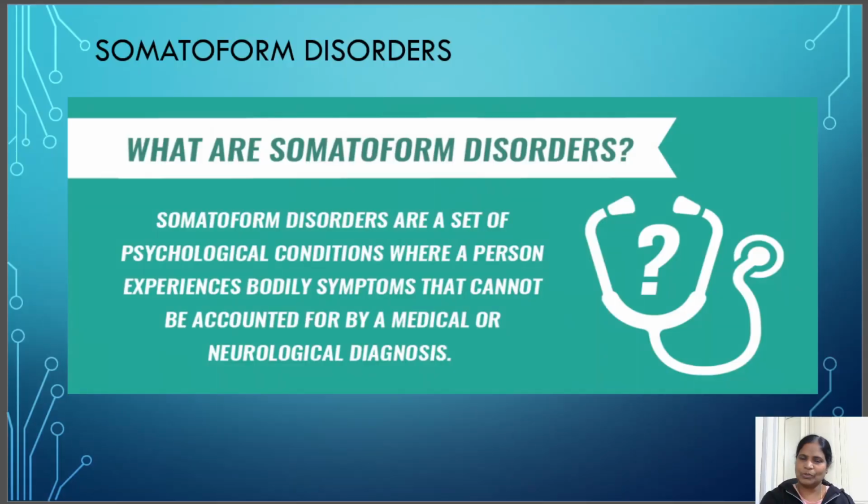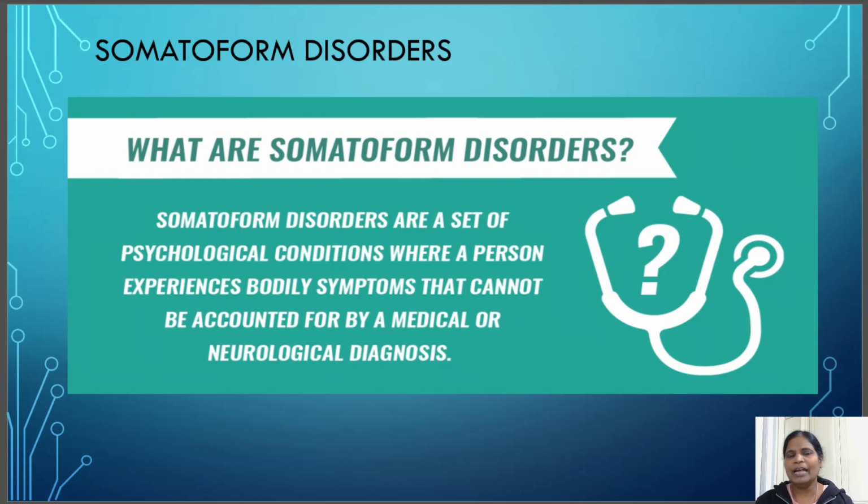We are going to discuss somatoform disorders. So what are somatoform disorders? You would have already heard about dissociative disorders and conversion disorders, etc. The word somatoform disorders comes under neurotic disorders.